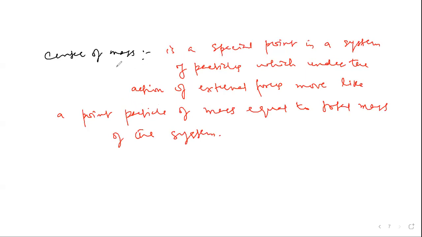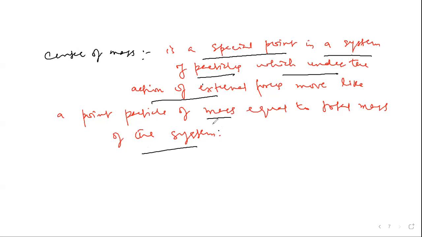I'm saying center of mass is a spatial point in a system of particles which under the action of external forces moves like a point particle of mass equal to total mass of the system.